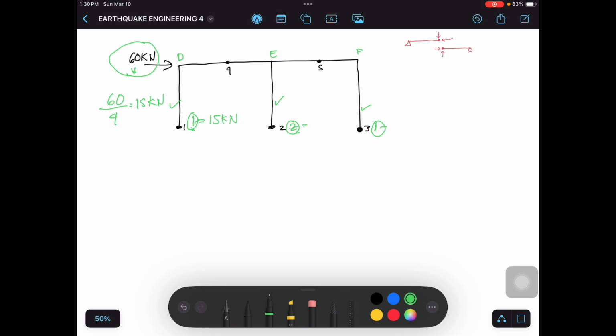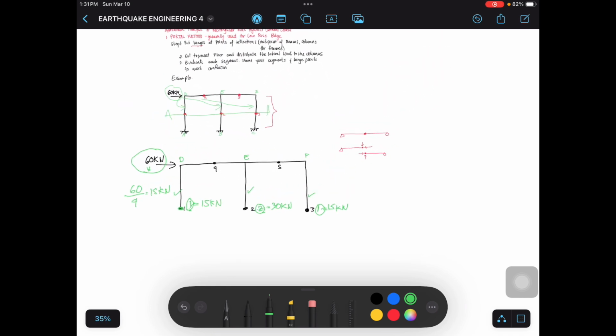And then, itong column sa gitna, internal column will receive 2 parts. So, 15 times 2, 30 kN. And then, another external column will receive 1 part. So, 1 times 15 kN is 15 kN. So, ito na yung horizontal force for this hinge joint.